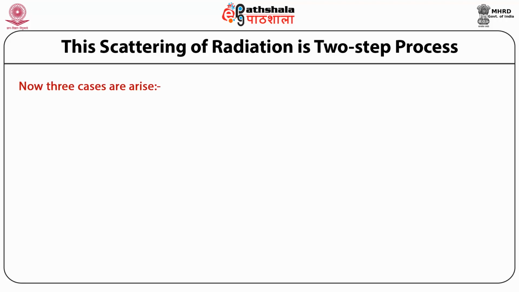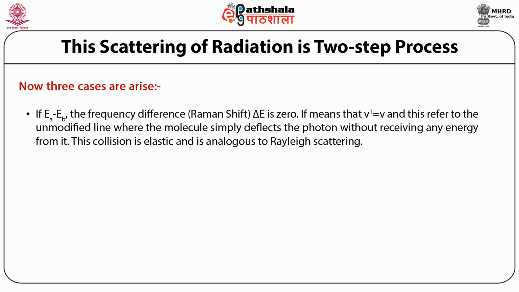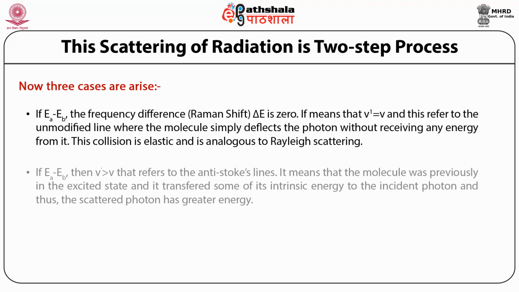Now, three cases arise. If Ea minus Eb, the frequency difference, is 0, it means that nu 1 is equal to nu, and this refers to the unmodified line where the molecule simply deflects the photon without receiving any energy from it. This collision is elastic and is analogous to Rayleigh scattering. If Ea minus Eb is positive, that means nu prime is greater than nu, and that refers to the anti-Stokes lines.